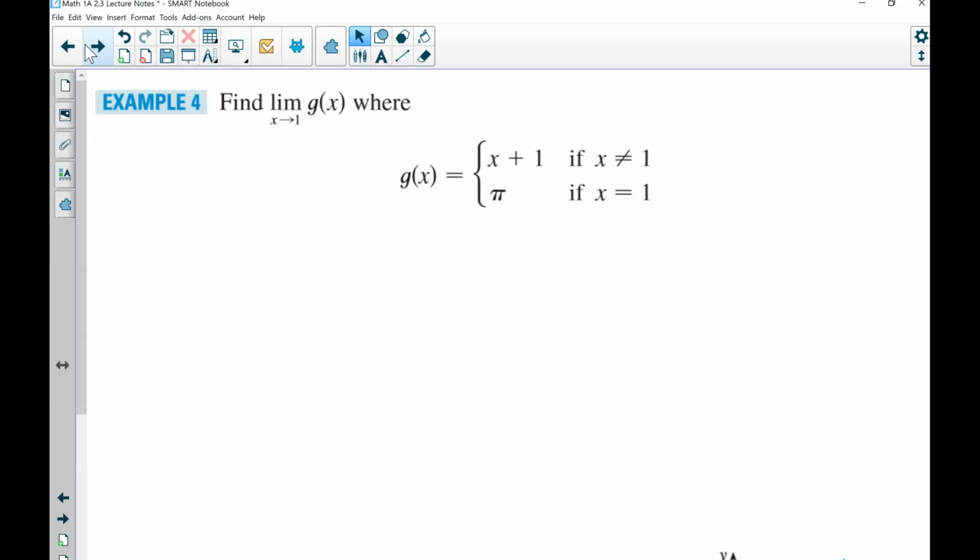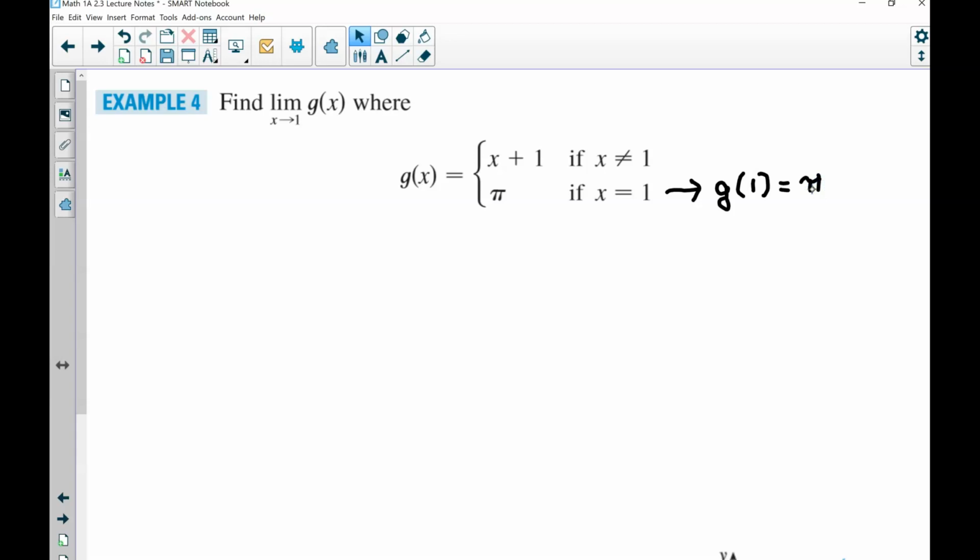So what it's saying here is that the function g is defined when x is equal to 1, because g of 1 has the output of pi. And again, that's given.